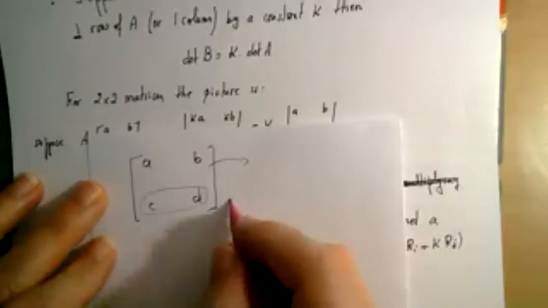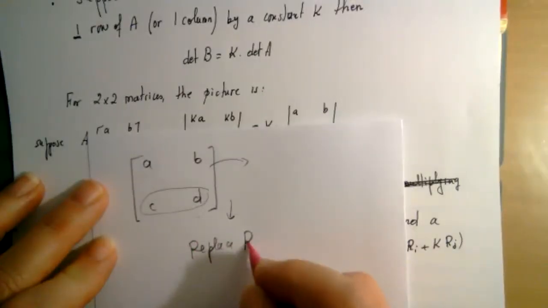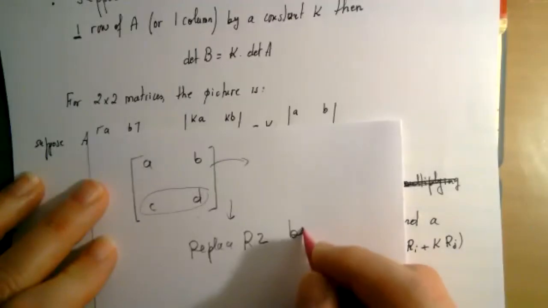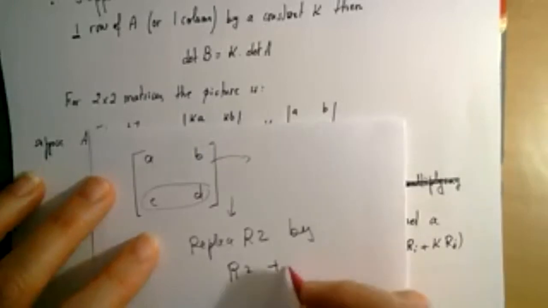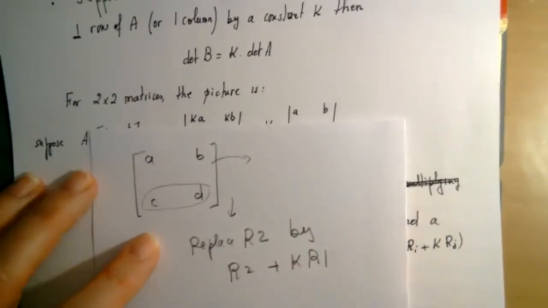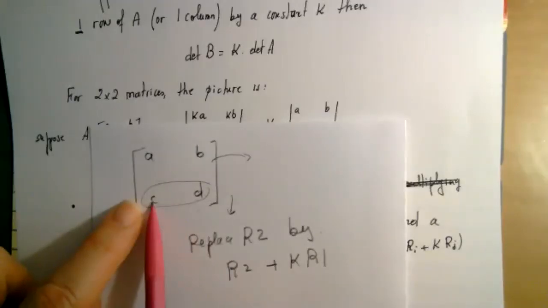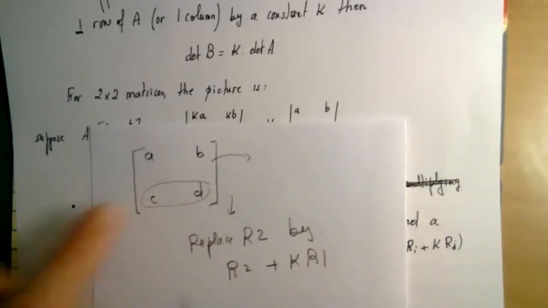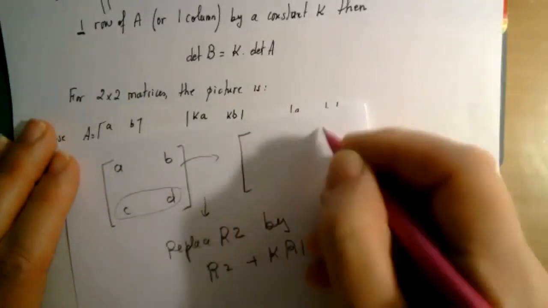So suppose here I replace R2 by the sum of itself, that's the operation, plus a constant times R1. That's the operation I'm doing. I'm going to replace this one by the sum of itself and a constant multiple. So this will give me the following matrix.